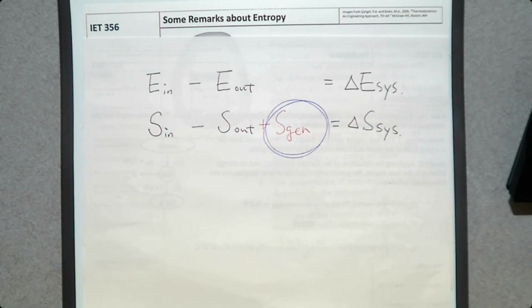And by being able to determine entropy generation, let's say that you're working for a company trying to improve the performance of an electronic device, and there are 10 different project teams that came up with 10 different ideas.